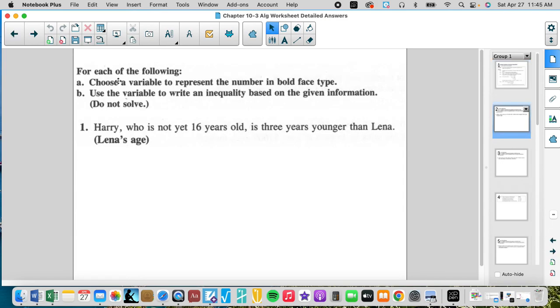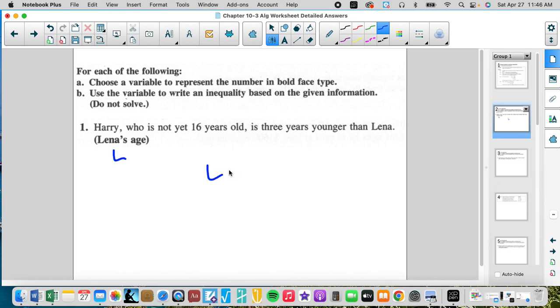So for each of the following, choose a variable to represent the number in boldface type, Lena's age, and then use the variable to write an inequality based on the given information. So we'll call Lena's age L. Harry, who is not yet 16 years old, is 3 years younger than Lena.